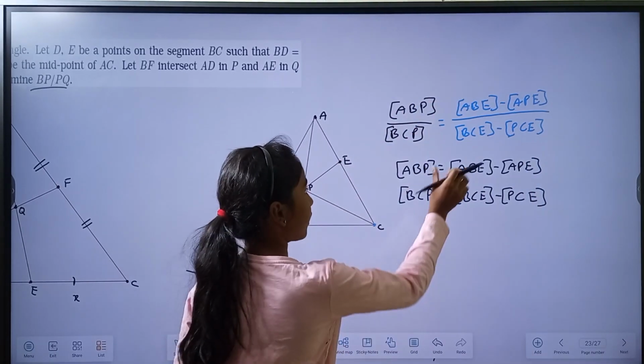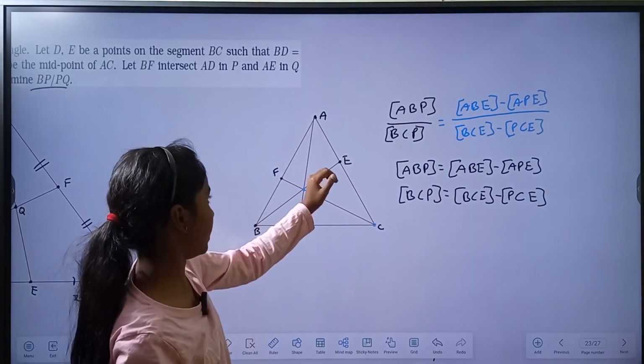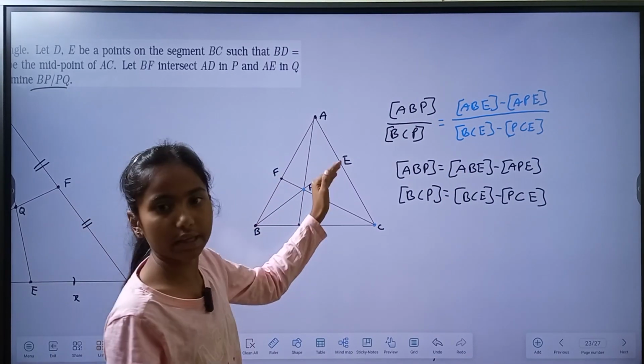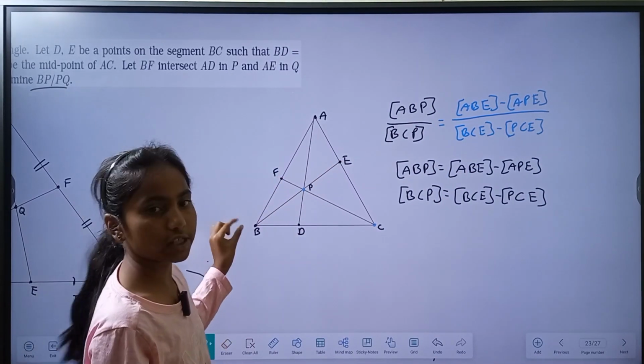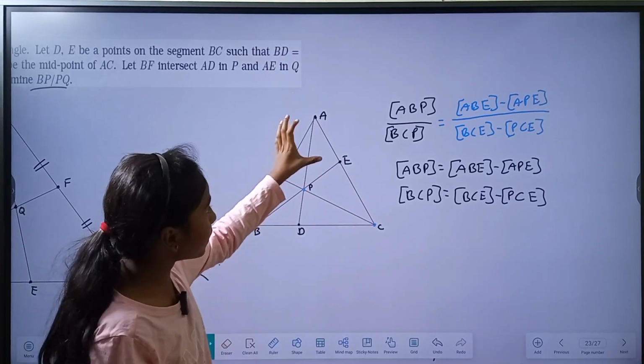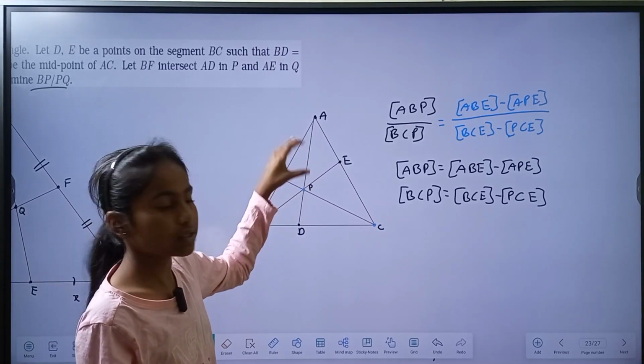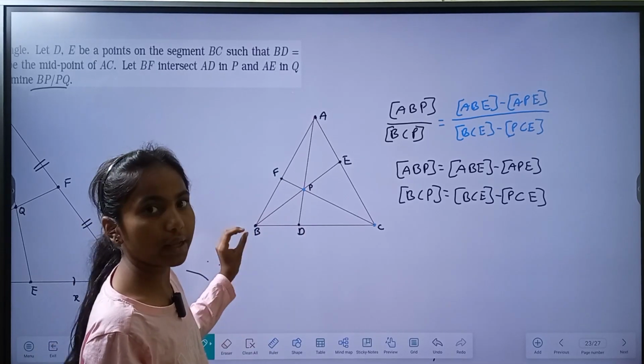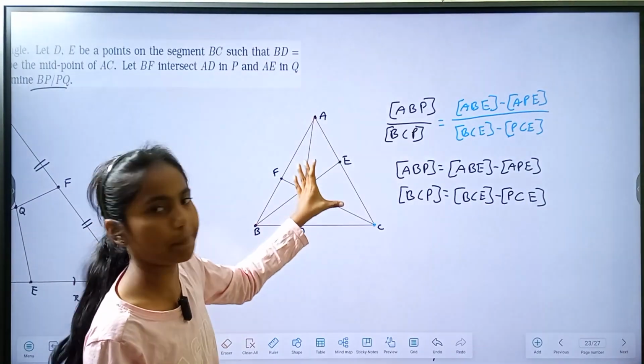ABE and BCE both have the vertex B as common vertex, and the bases AE and CE lie on the same line, so vertex B lies on a parallel line opposite to the bases.